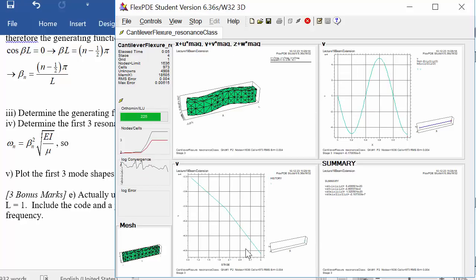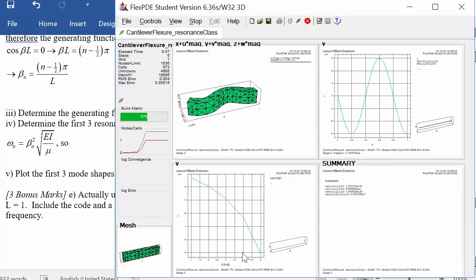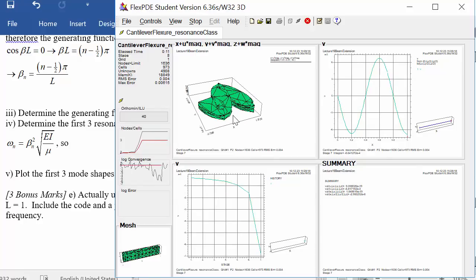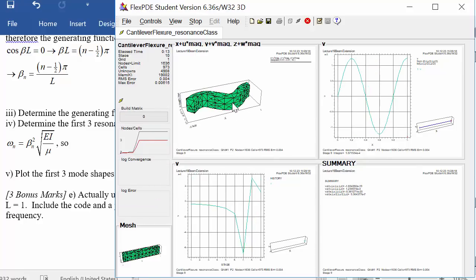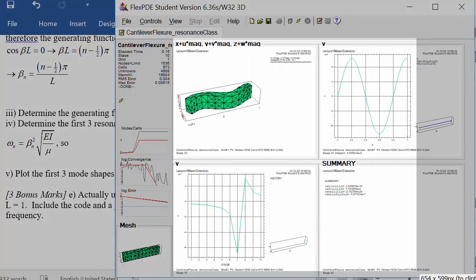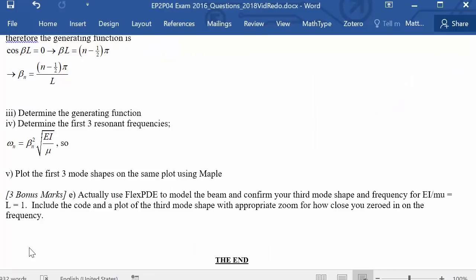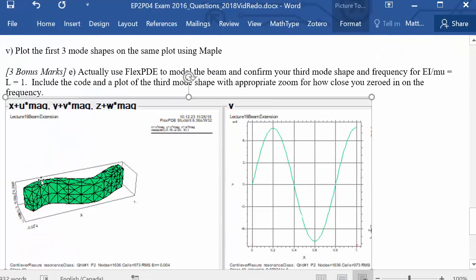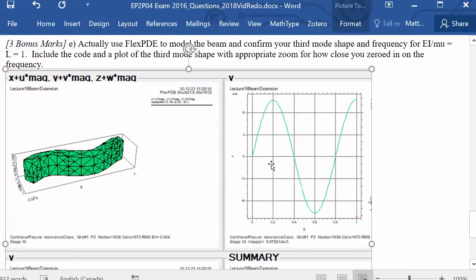So this is getting closer and closer to the resonant frequency, and then it's going to switch right as it crosses. The deformation is getting so big that the magnification is exaggerating it to the point where it doesn't look realistic anymore. But this is a good spot to stop here. So you could take a picture of that. You could go and copy it in, and you've got a beautiful setup for what the mode shape looks like.